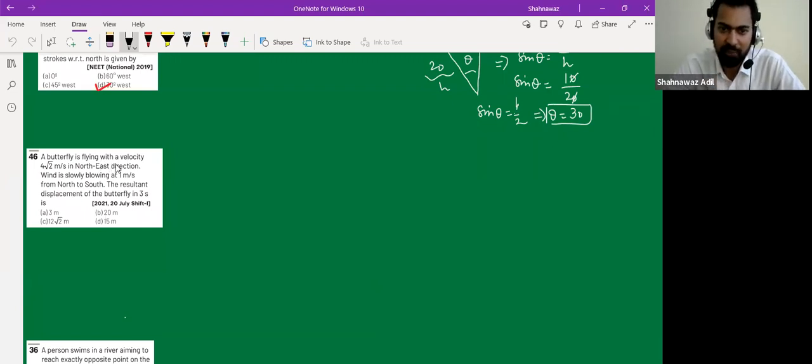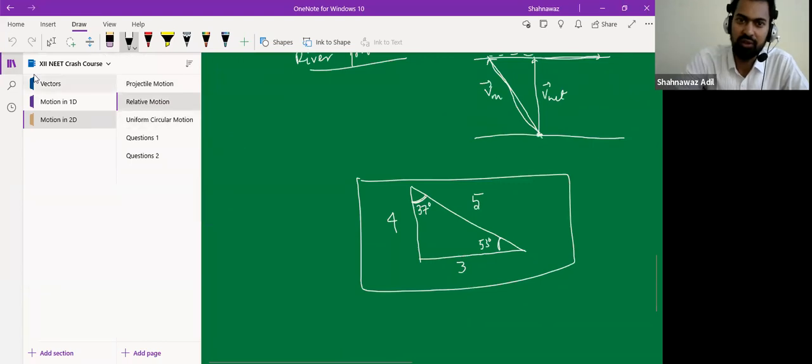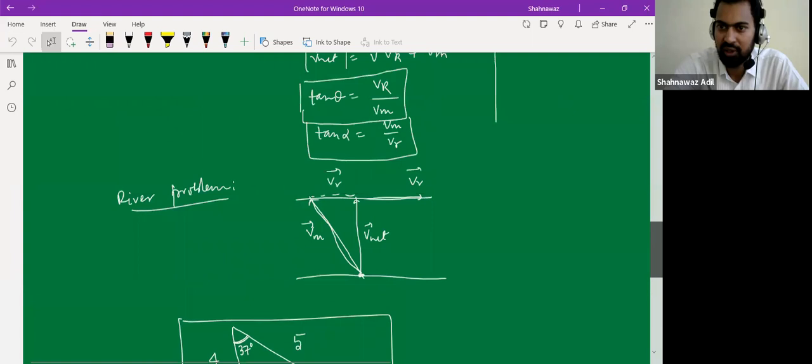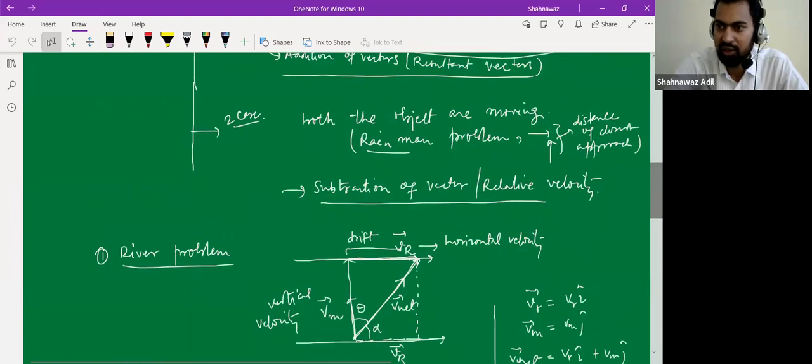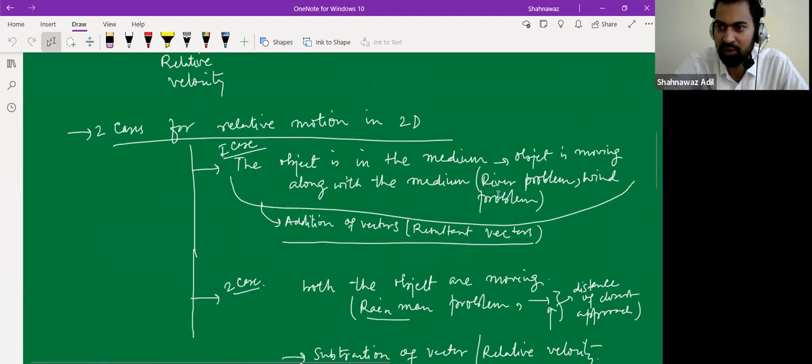Okay. Case 1 was the wind problem or the river problem. As soon as you get the river or the wind, just remember that you have to apply the resultant formula, right? Understood?